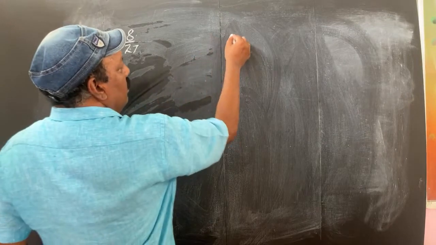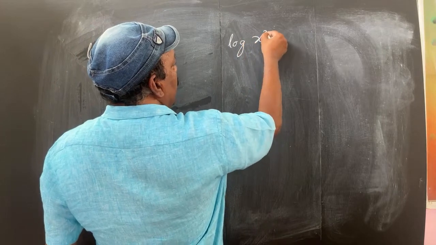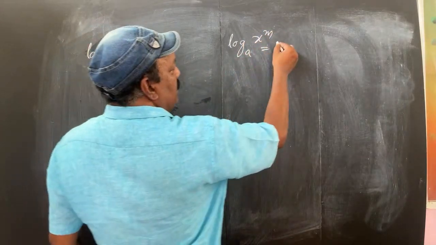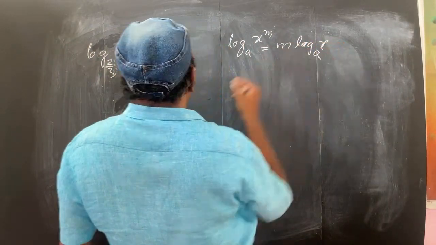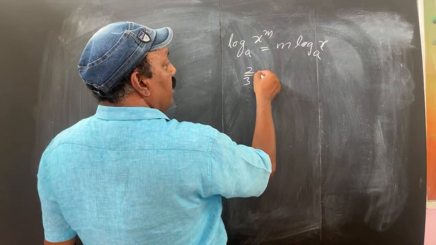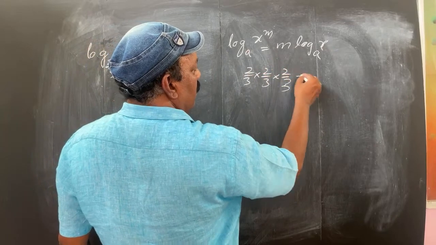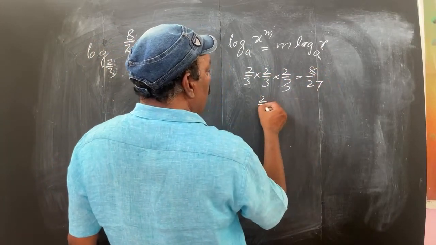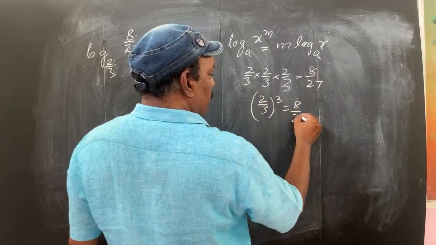That means log x to the power of m base a. This is the formula, that means m log x base a. In this sense, 2 by 3 into 2 by 3 into 2 by 3 becomes 8 by 27. That means 2 by 3 whole cube is equal to 8 by 27.